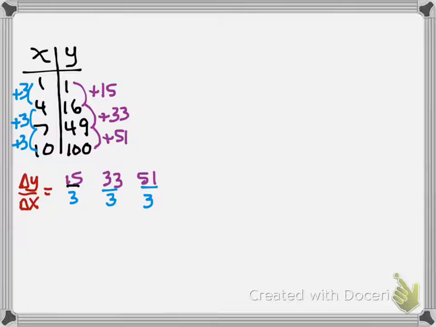Now all of these I could simplify, which might make things a little easier. So I end up getting 5, 11, 17. So what's true about 5 compared to 11 compared to 17? Are they the same or not the same? Not the same. Okay, so we would say not equal. So what we have here is no constant rate of change.